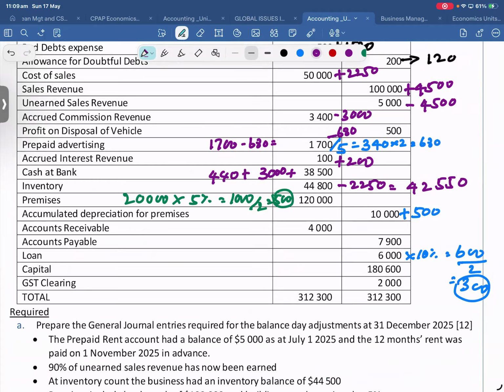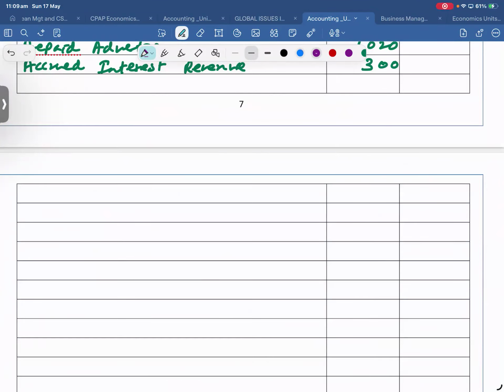Yeah, allowance for doubtful debt, we have to do it again. If you have done before, guys, please cross that one. Yep.